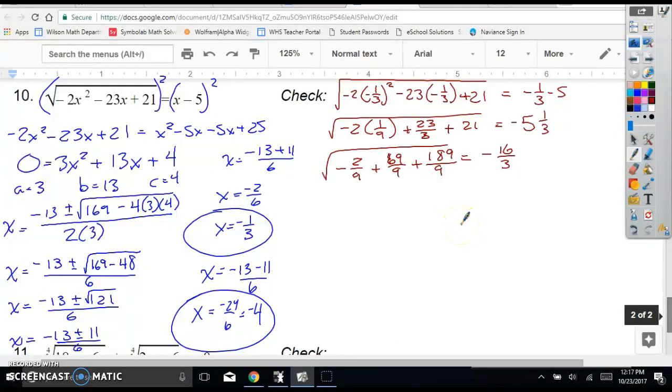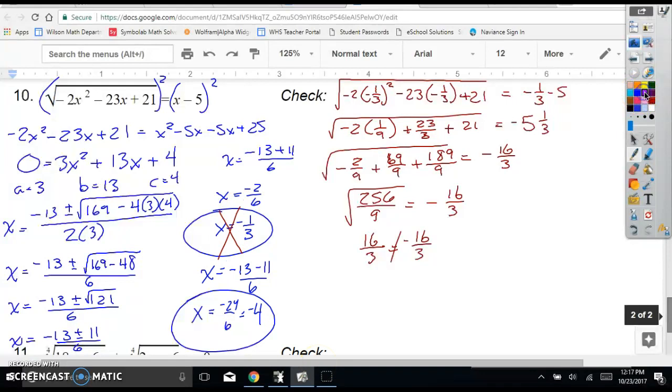Now, so this would be 240 plus another 18. 258 minus 2 is 256 over 9. Sorry about the buzzer. Square root of 256 is 16. Square root of 9 is 3. And is positive 16/3 equal to negative 16/3? Nope. So this is extraneous.